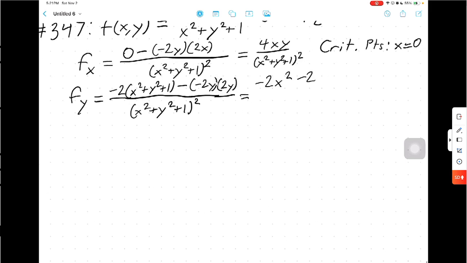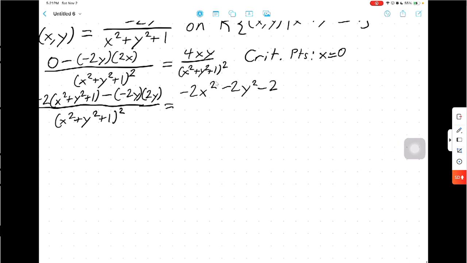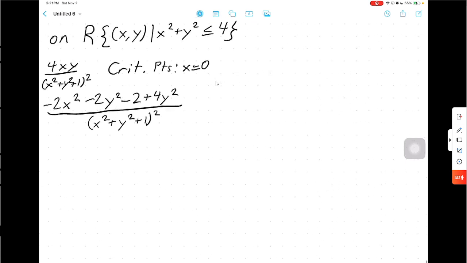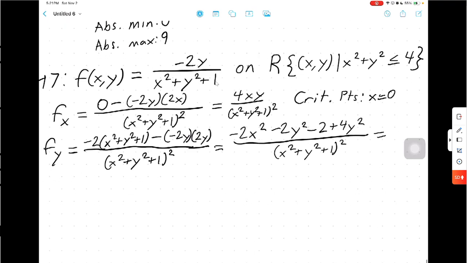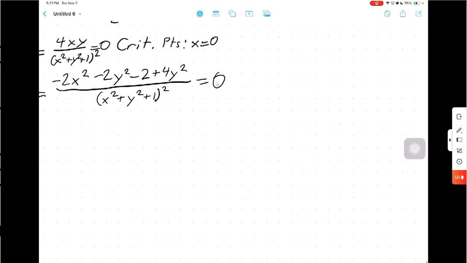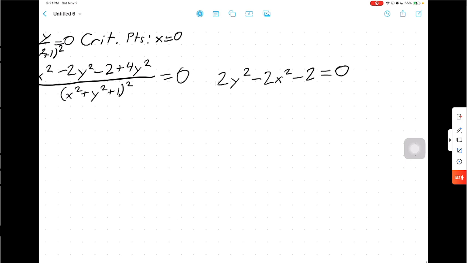Negative 2x squared minus 2y squared minus 2 plus 4y squared, squared. And I'm just going to set this equal to 0. So this means 2y squared minus 2x squared minus 2 is equal to 0. So y squared minus x squared minus 1 is also 0. y squared is equal to 1 plus x squared.